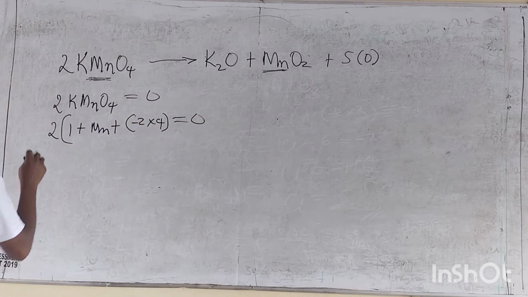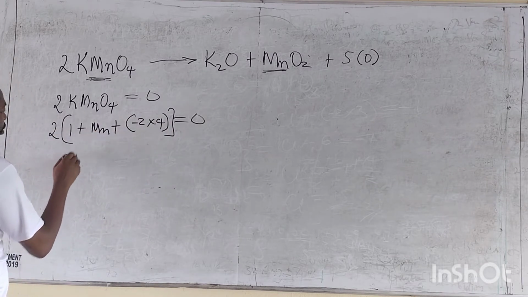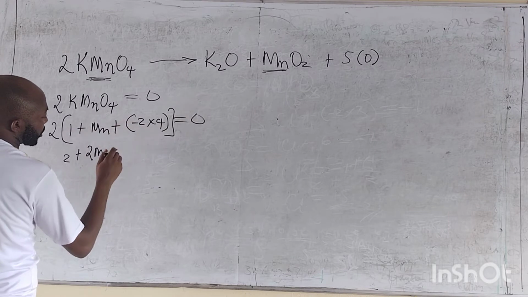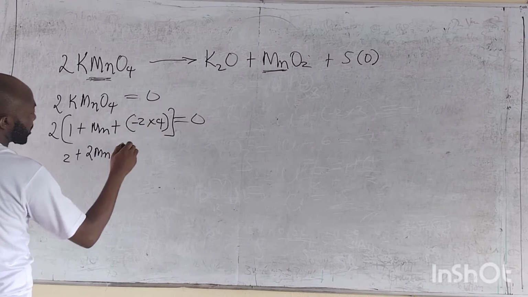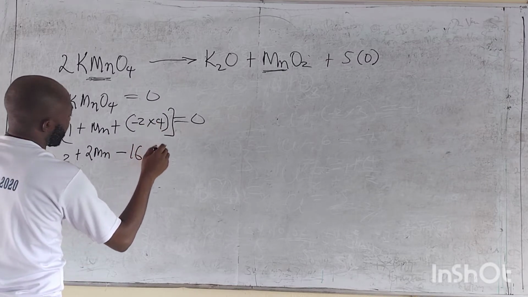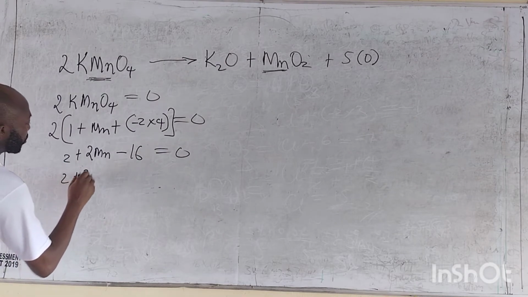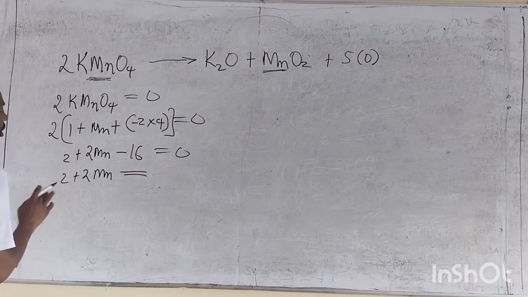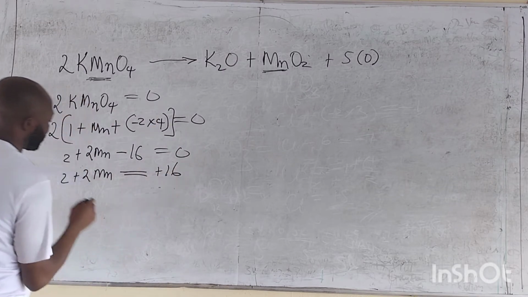Now, let me expand. 2 times 1 is 2 plus 2Mn. Plus times minus is minus. 2 times 4, 8. 8 times 2 is 16. All of this equals 0. Now, 2 plus 2Mn equals, this crossover becomes plus 16.